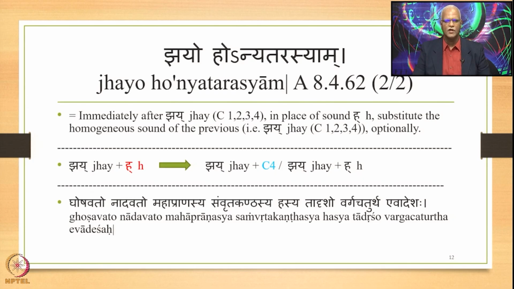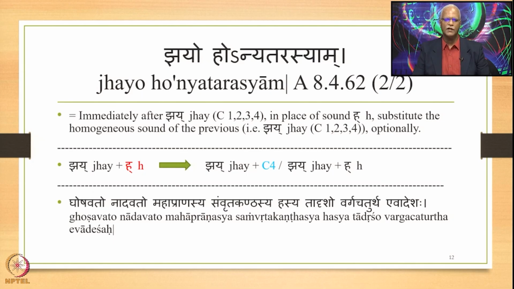I repeat, immediately after jhay, and jhay is columns 1, 2, 3, 4 of the consonants, in place of sound ha, substitute the homogeneous sound of the previous, that is jhay, that is columns 1, 2, 3, 4 of the class consonants, optionally.